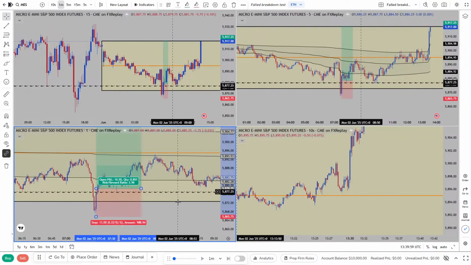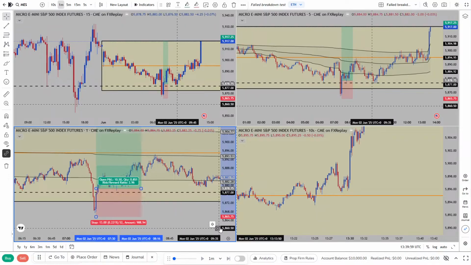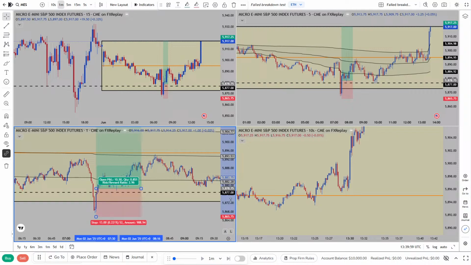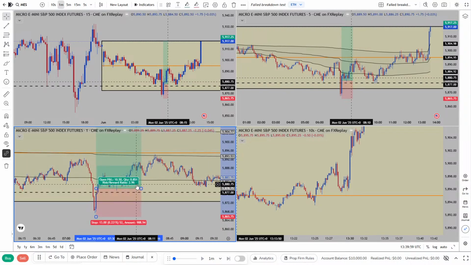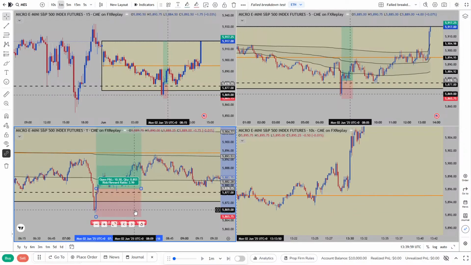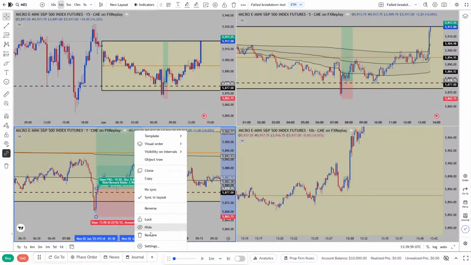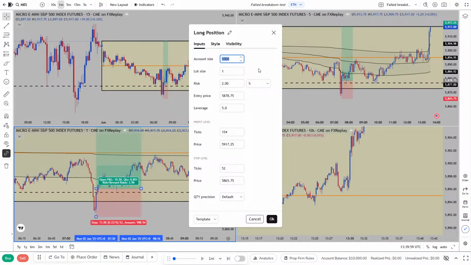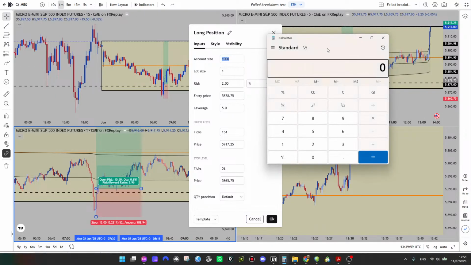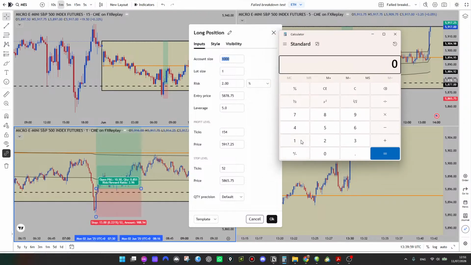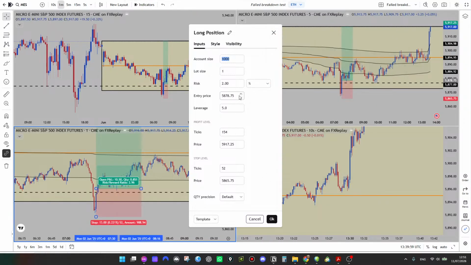The stop was 52 points. No, it's more like 67, probably 10 to 11 points stop loss. Yeah, we want to risk, let's say, 2% of the 1,000, which is $20.